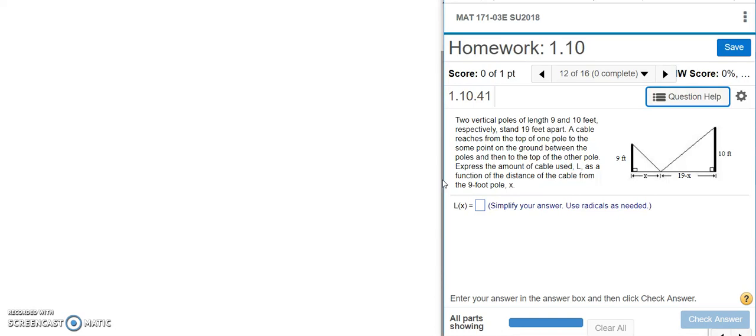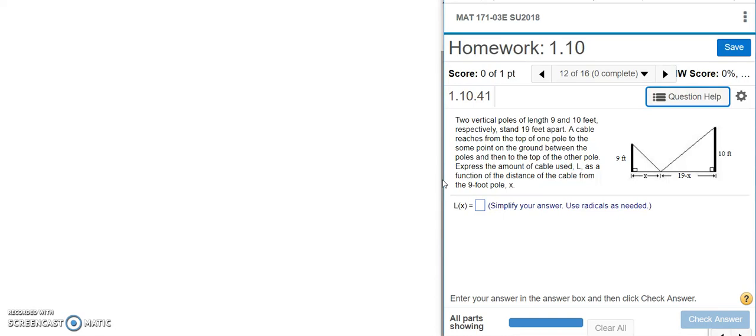So what they've done is they've labeled one of these distances x, and that automatically makes the other side 19 minus x because the full length is 19. If this full length is 19, but we use this much of it for x, then the rest of it is 19 minus x.